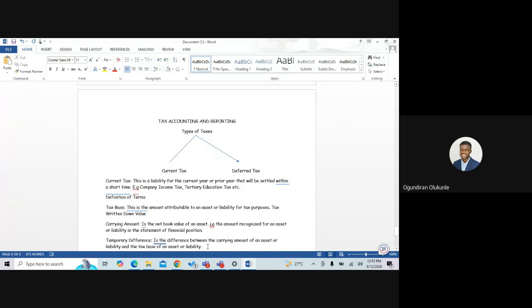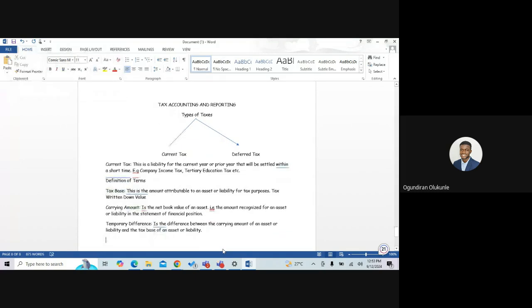A temporary difference will result in two types. The first one is called taxable temporary difference.